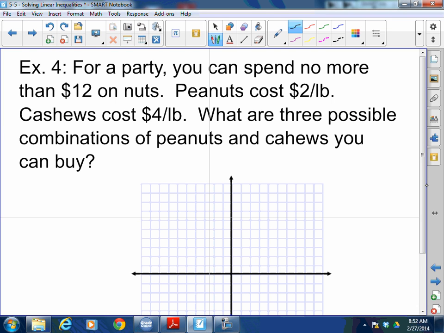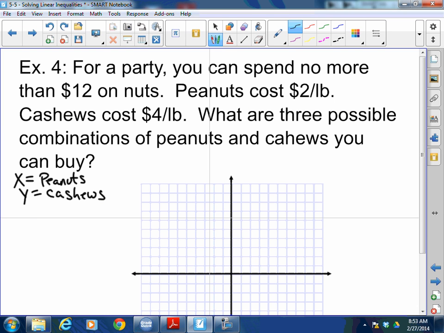First of all, you absolutely can and should label. X is going to be peanuts. Y we're going to call cashews. Now, they didn't mention any quantity here, right? They mentioned value, correct? Cost, right?